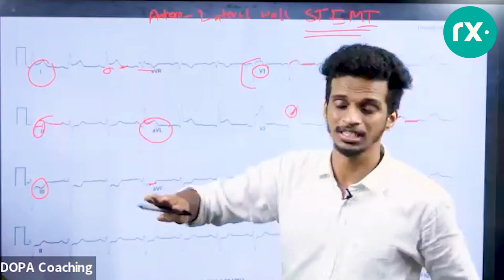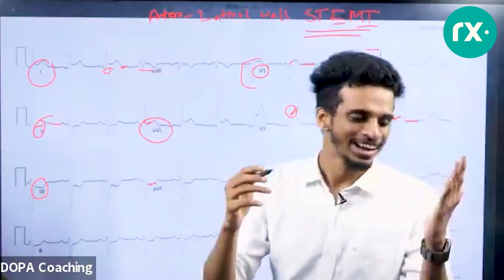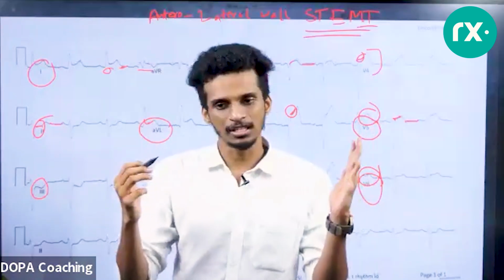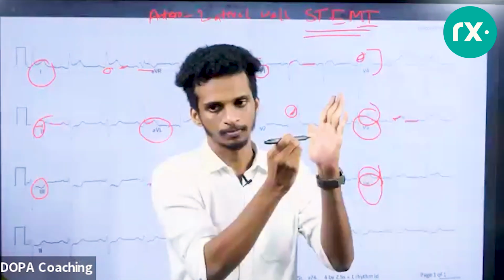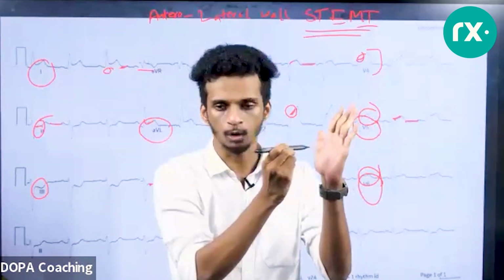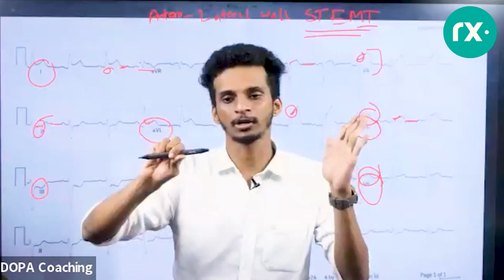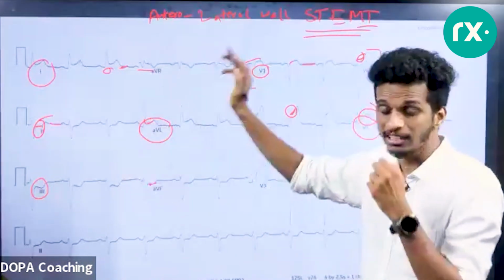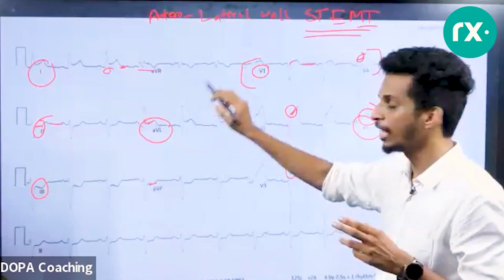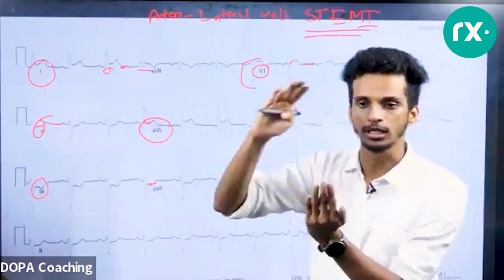What are reciprocal changes? Whenever an impulse passes towards an electrode, there will be a positive deflection, and whenever an impulse passes away from the electrode, there will be a negative deflection. In the Einthoven triangle, which I'm not showing again, inferior leads and lateral leads are opposite.